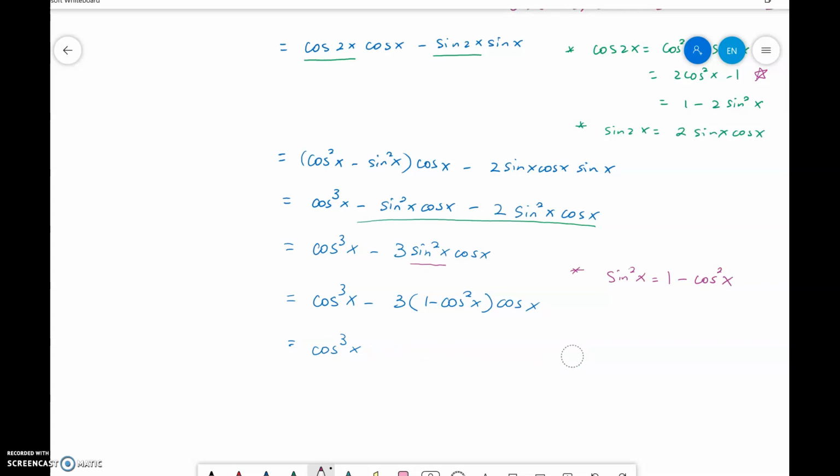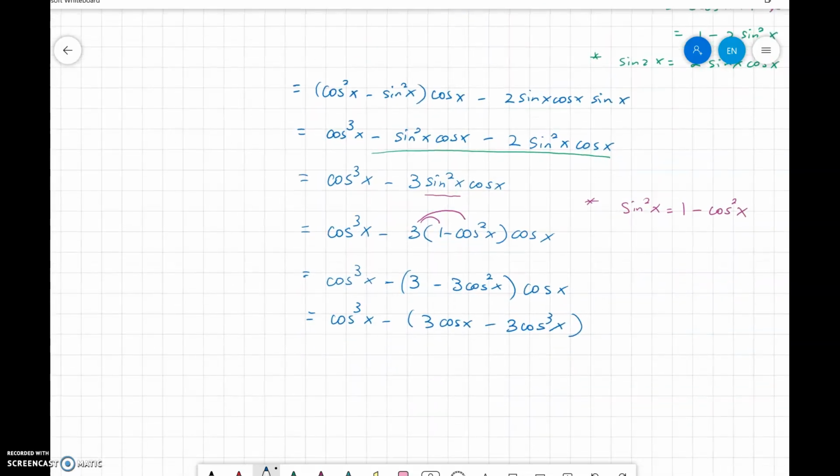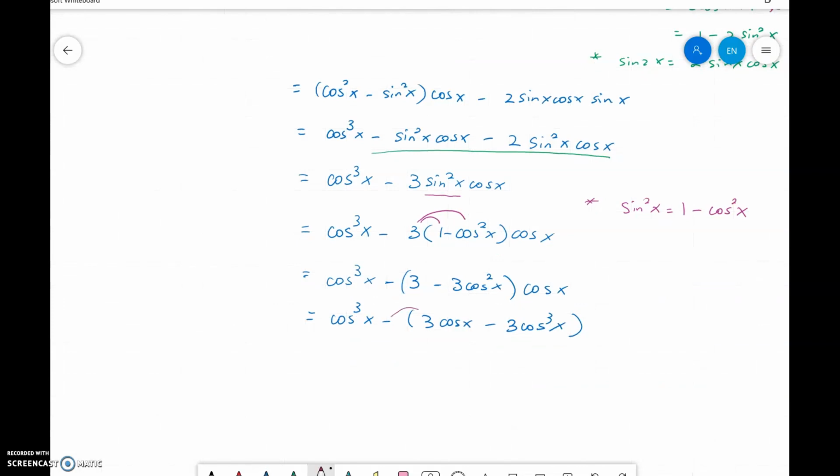I probably should do a little bit more steps. So minus 3 plus 3 cosine squared x first. What I did was multiply the 3 into it, and then multiply the cosine into it, and then distribute the negative sign into it.